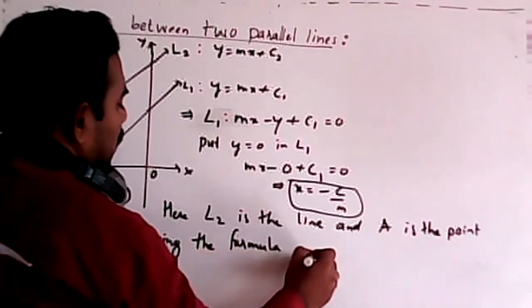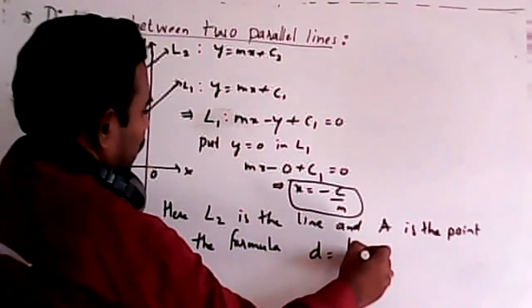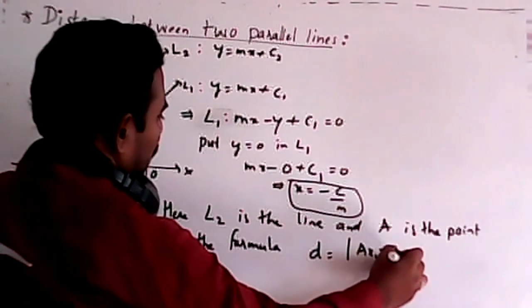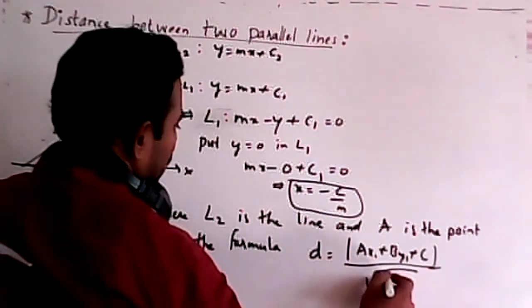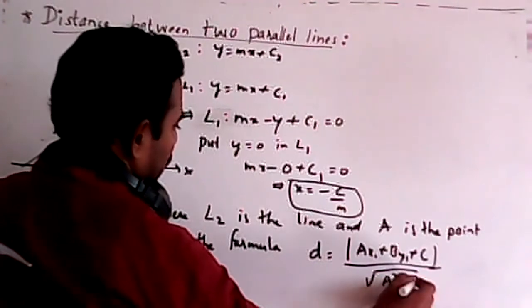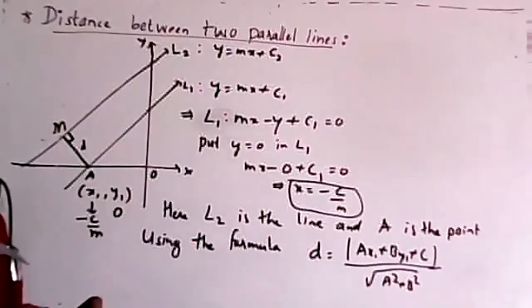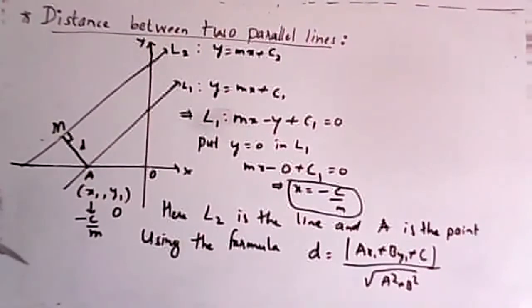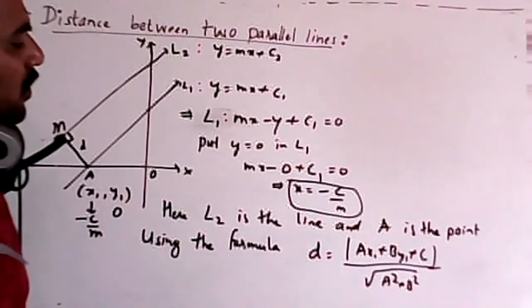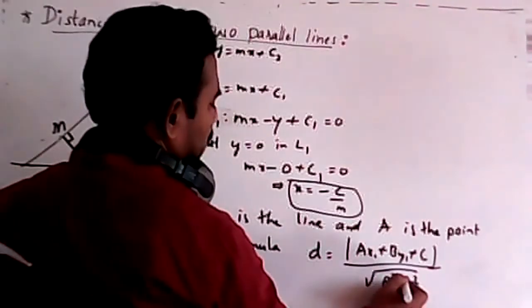Which formula? D is equal to the modulus of Ax1 plus By1 plus C divided by root of A square plus B square. Correct? Yes, it is plus. Understanding? Yeah.